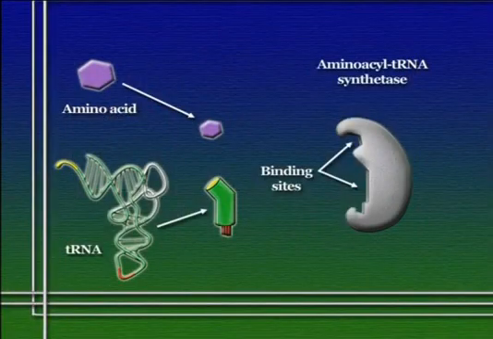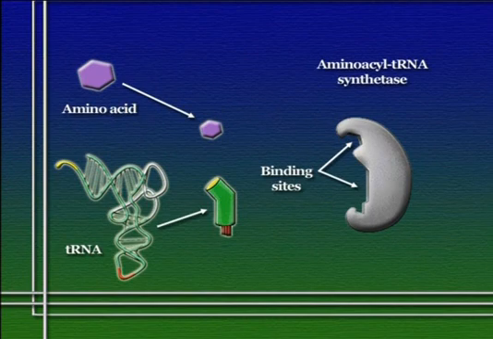One of the most simple and fundamental ways in which enzymes catalyze reactions is by bringing two or more substrate molecules together in close proximity and in the proper orientation relative to each other. We saw an example of this when we looked at the function of amino acid tRNA synthetase. Remember, that enzyme has two binding sites, one for a particular amino acid and one for a particular tRNA that corresponds to that amino acid.